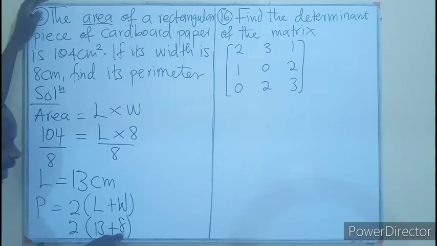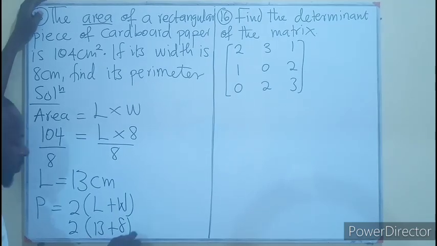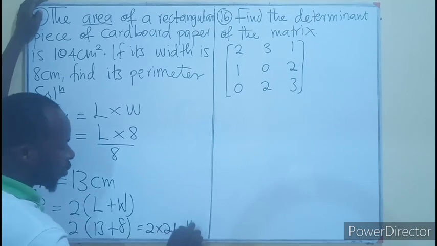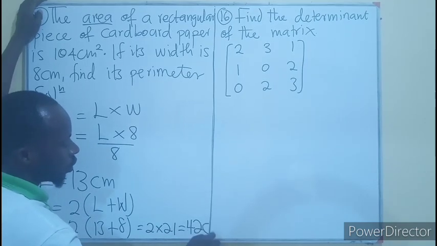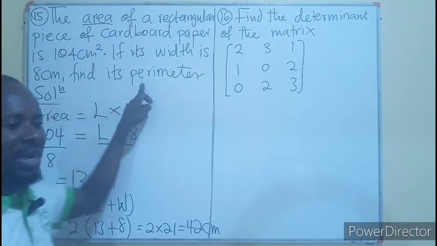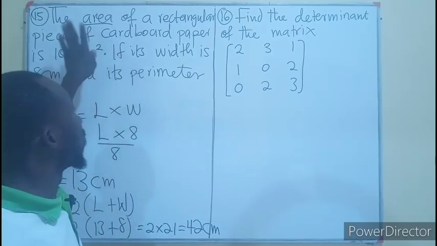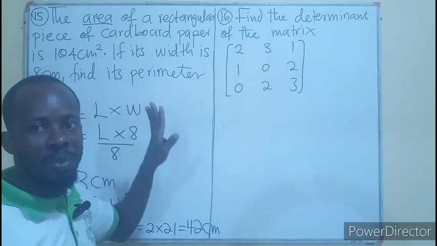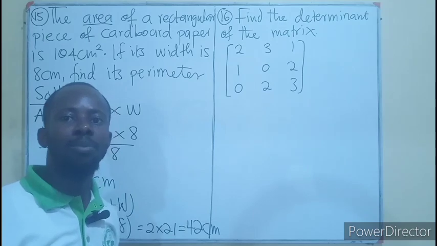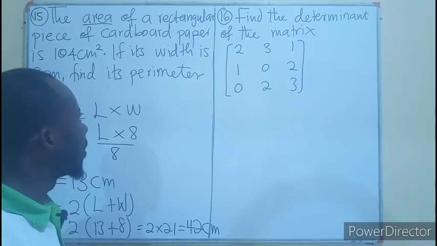And right here, I think I'll be having 21. So 2 times 21, that will be what? 42 centimeters. So 42 centimeters is going to be the perimeter of this rectangular piece of paper. And on the objective test, that will be option B.